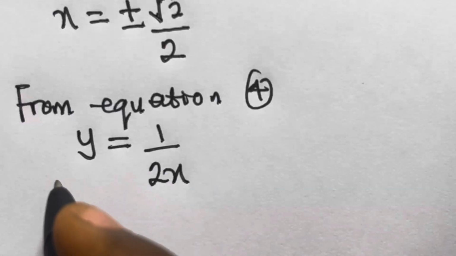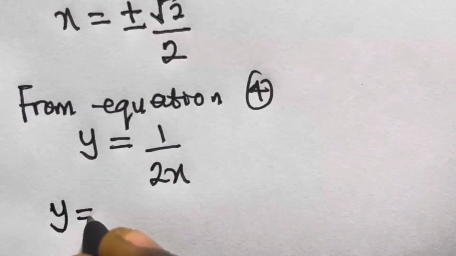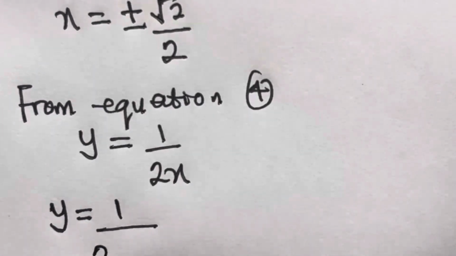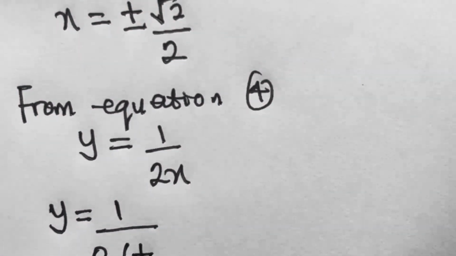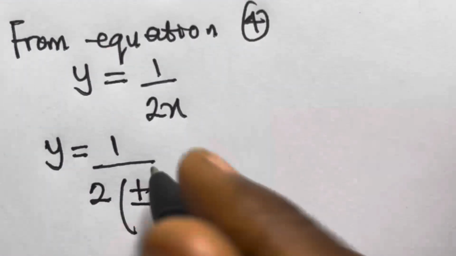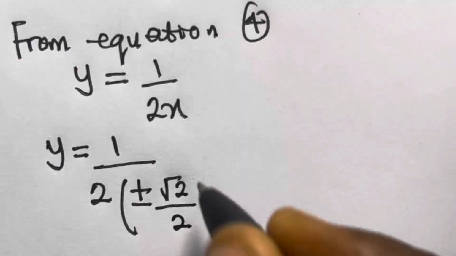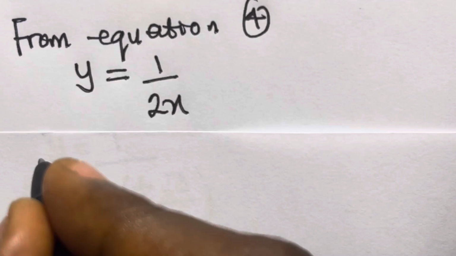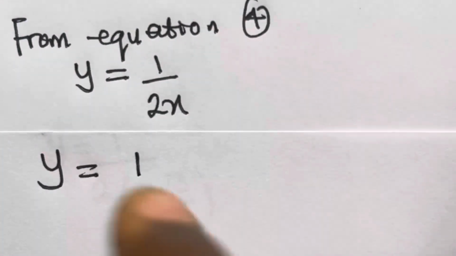So we will have y equals 1 divided by 2 multiplied by plus or minus the square root of 2 divided by 2.